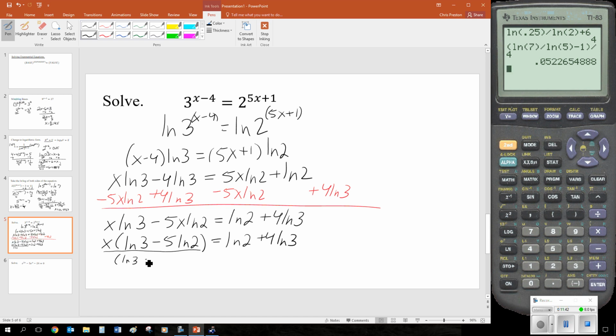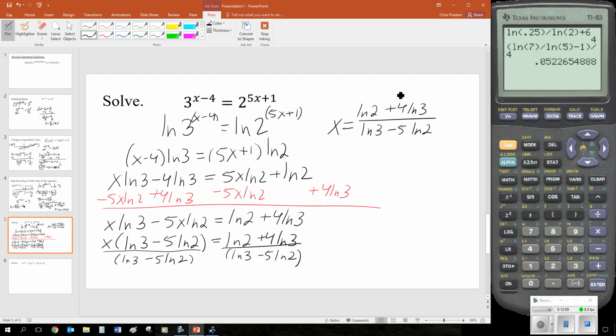So divide both sides by natural log of 3 minus 5 natural log of 2. So x equals natural log of 2 plus 4 natural log of 3 over natural log of 3 minus 5 natural log of 2. And again, I could put that in my calculator if I wanted to get a decimal value.